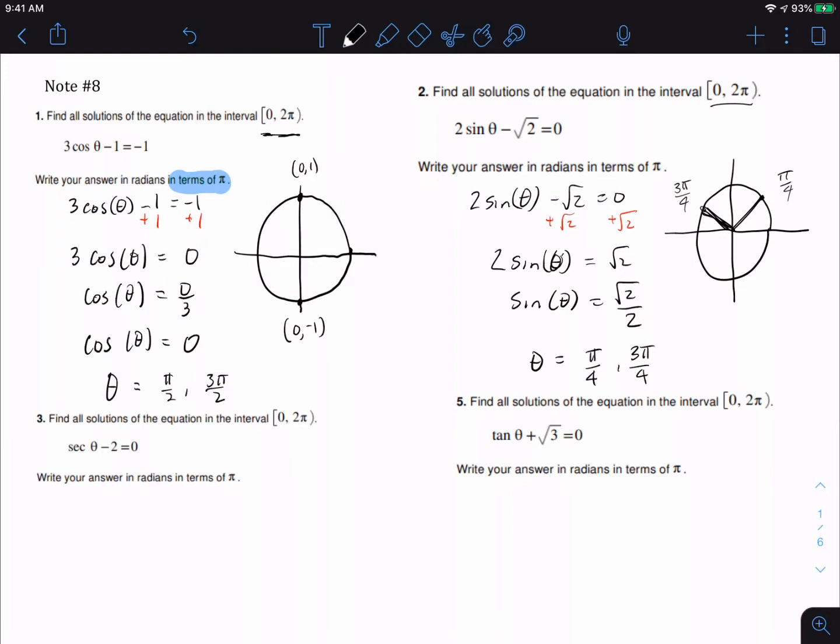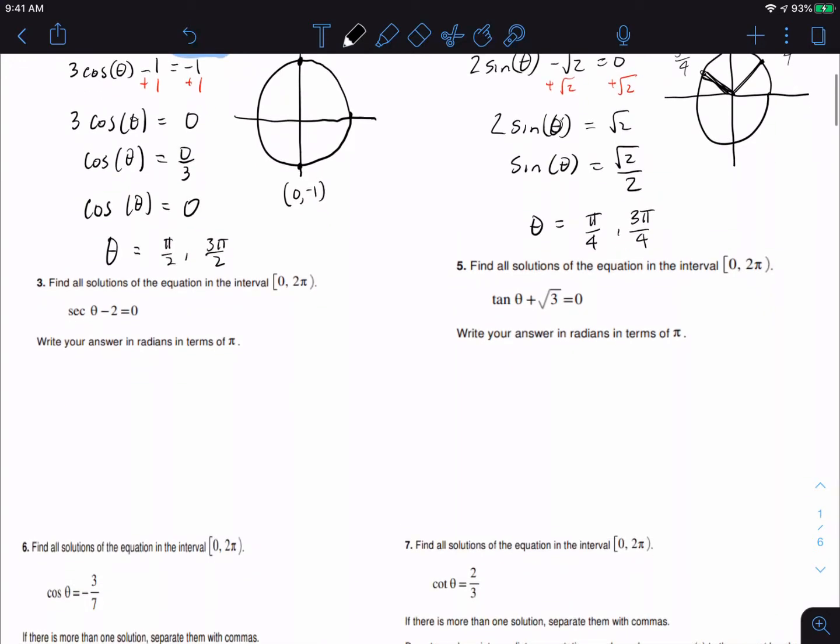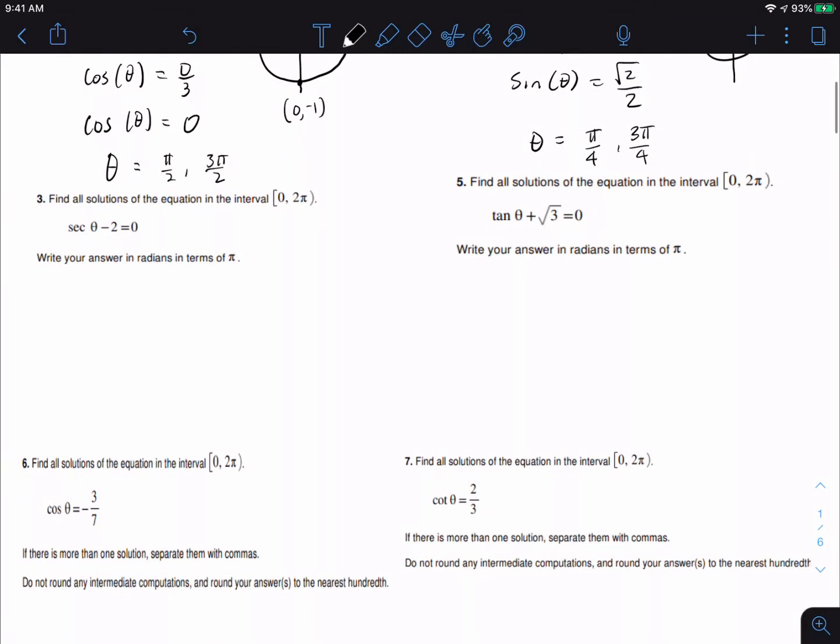But let's go ahead and continue to practice because I want to make sure that you guys fully understand these. Okay. Number 3. So here we're going to get secant theta, and I'm just going to add the 2 to the other side.